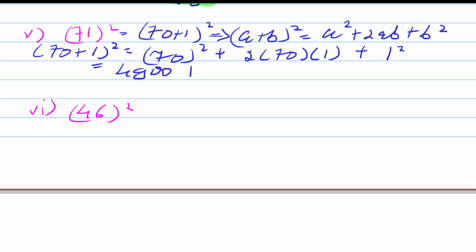That's 4900 plus 140 plus 1, which is equal to 5041. 71 square is 5041 by using the identity a plus b whole square.